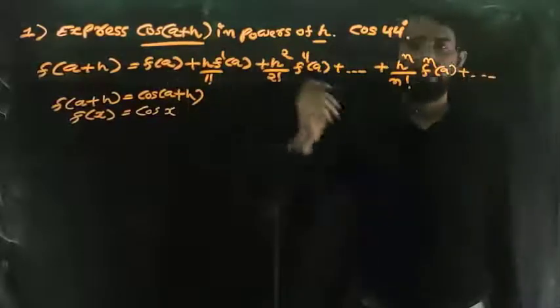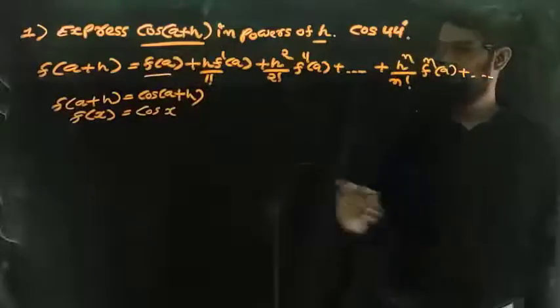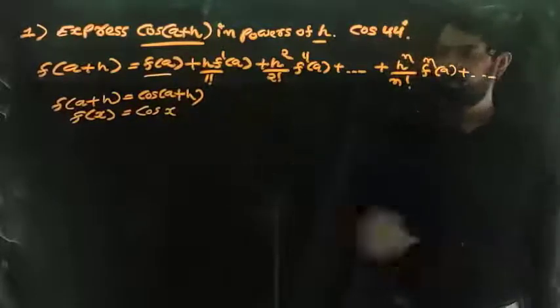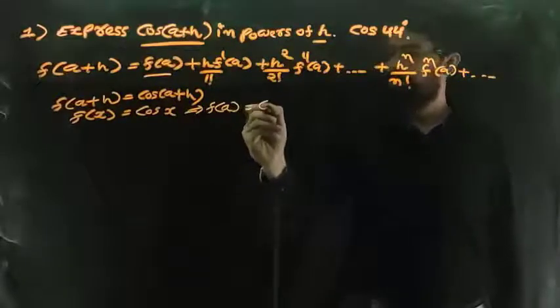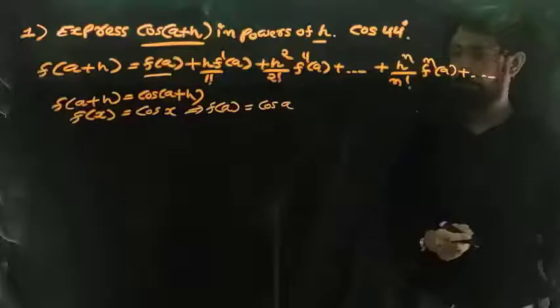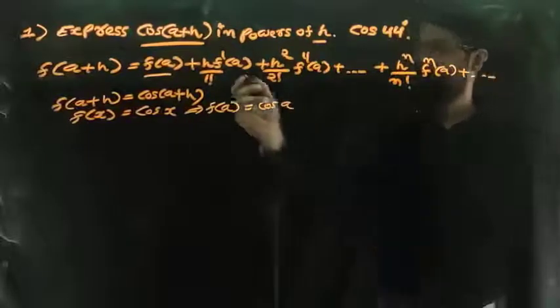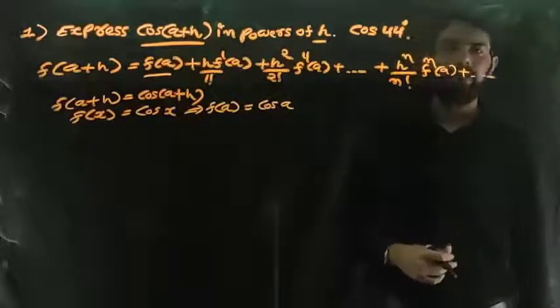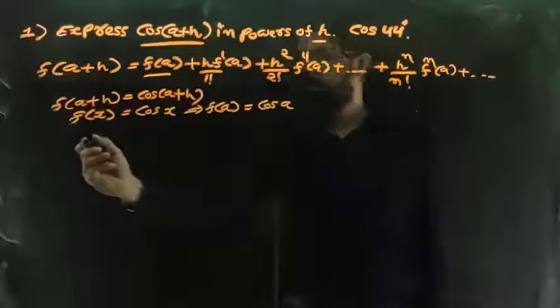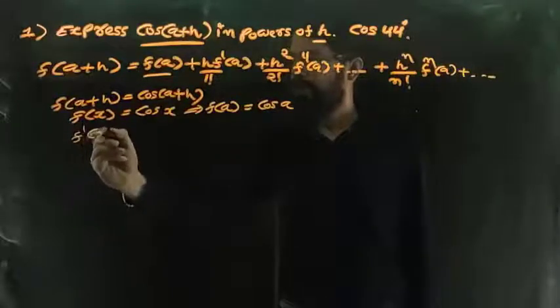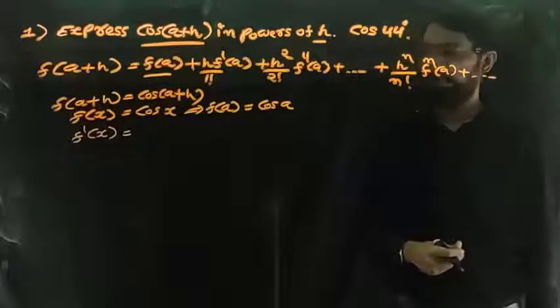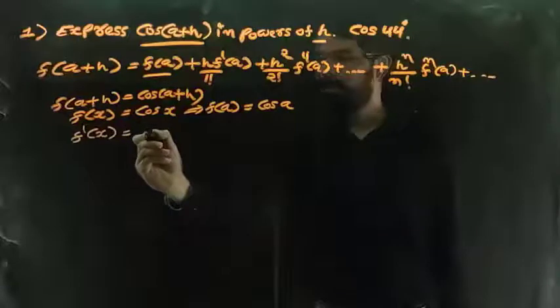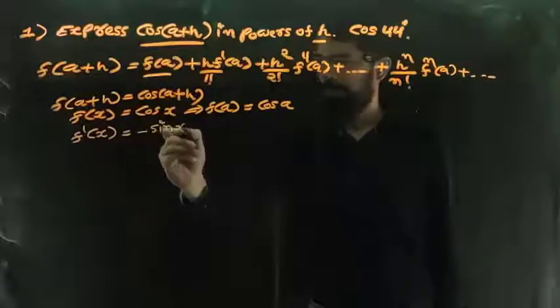Now, as you can see in the Taylor series, first of all we have to find f(a). Here f(x) = cos x, so f(a) will be cos a. Second step, we have to find f'(a). For that, we take the derivative of f(x), that is the derivative of cos x with respect to x, which is minus sin x.